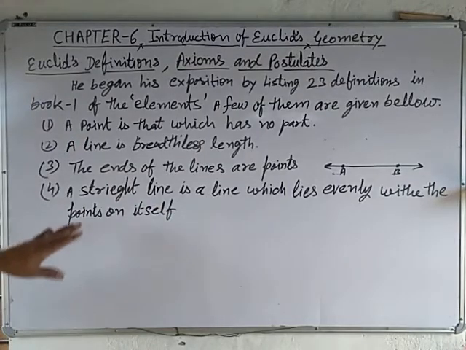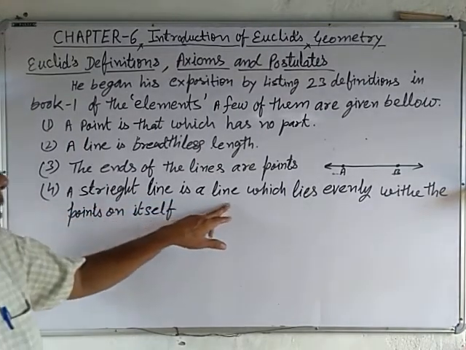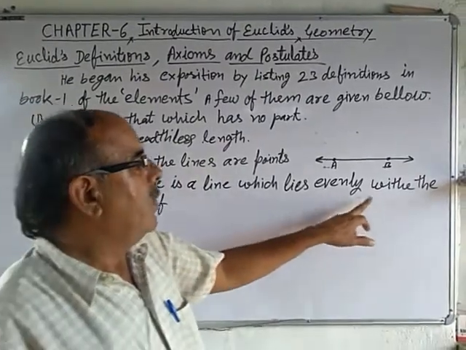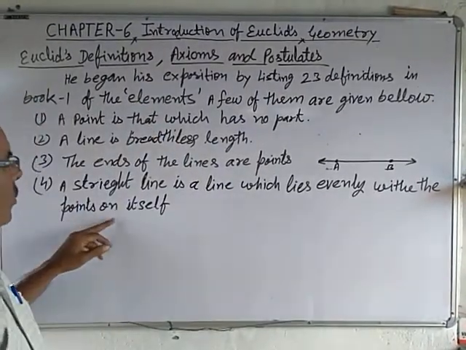It means a straight line is a line which lies evenly with the points on itself.